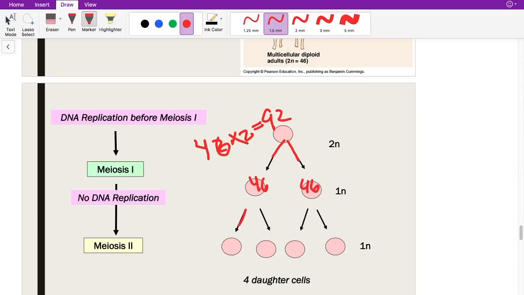So now this 46 separates again, so now there's 23 and 23. And this 46 also separates to 23 and 23.